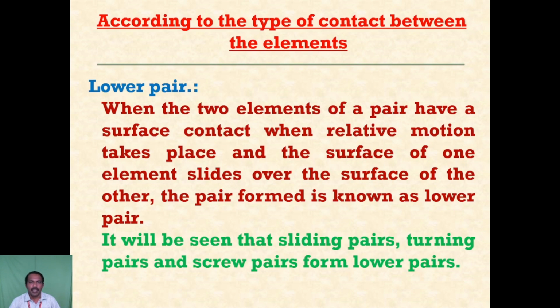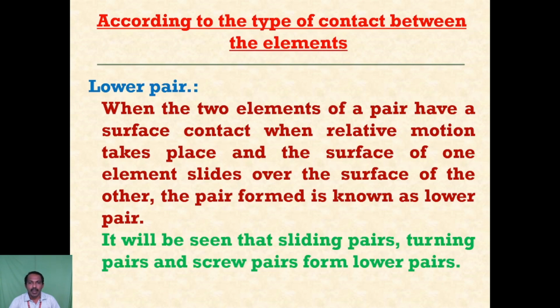The next topic is the type of contact between the elements. There are two pairs: one is the lower pair, another one is the higher pair. First, the lower pair.